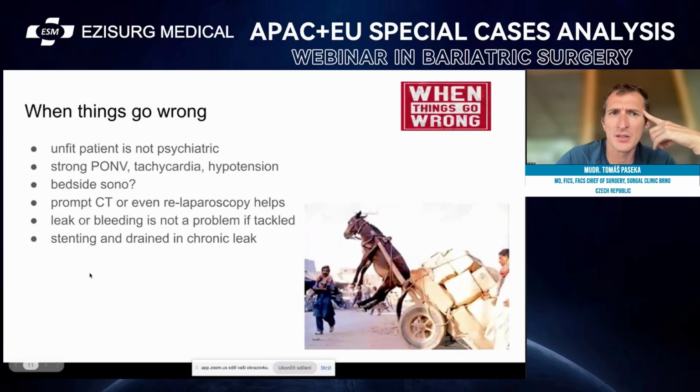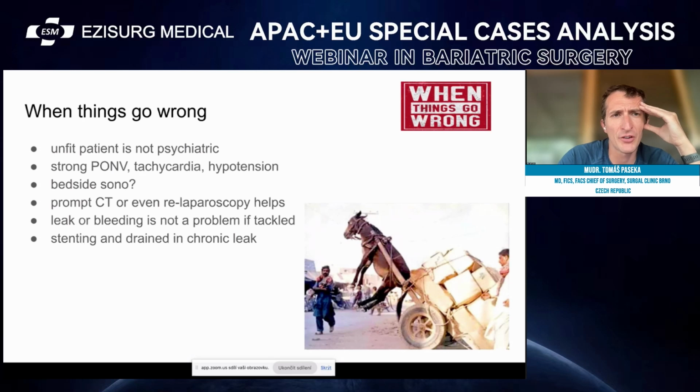So what to do when things go wrong? It is important to share some bedside experience. Our experience is that if the procedure is done properly, the patient is very fit. The second day, they're without any pain medication or only paracetamol, they can walk, they don't vomit.